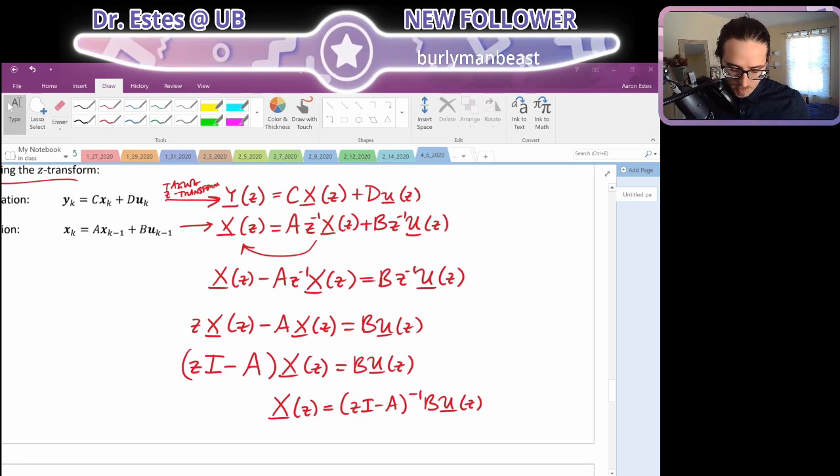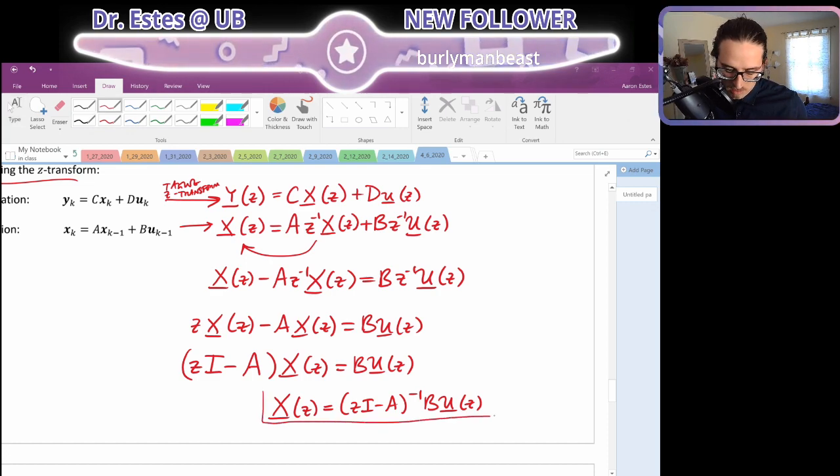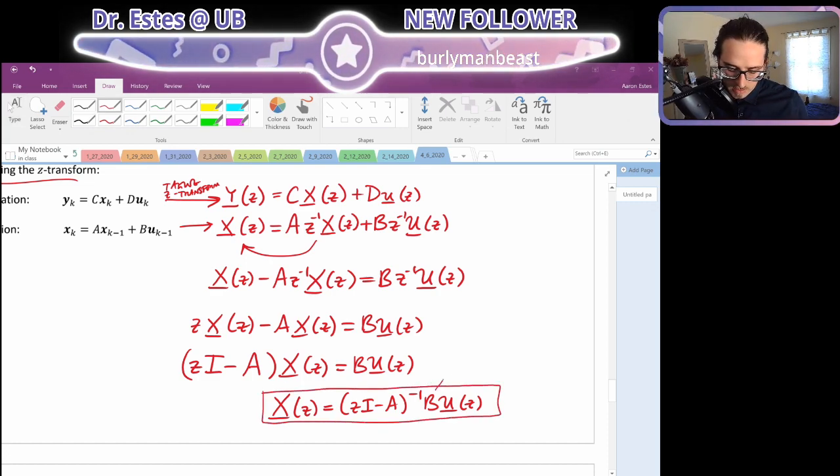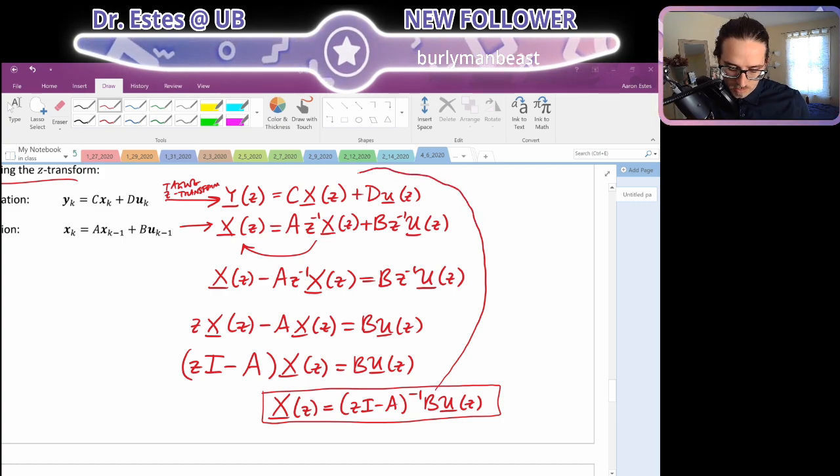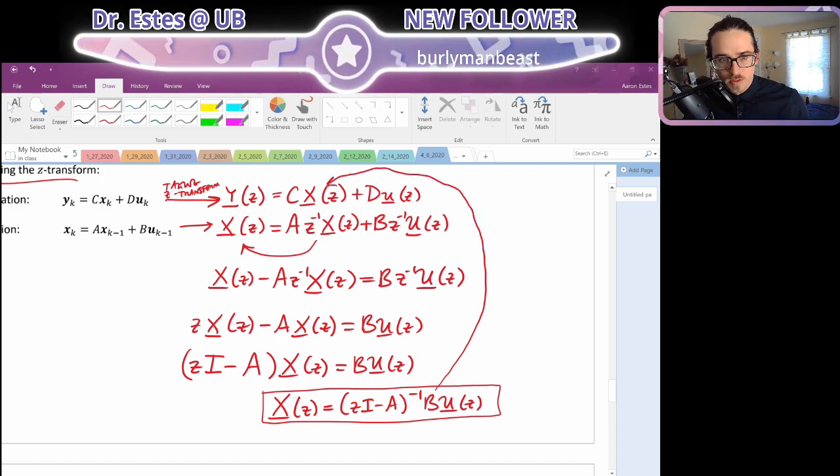Now that I have this expression for X(z), I'm going to substitute it back into our output equation.